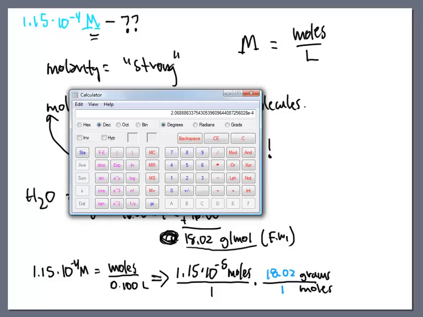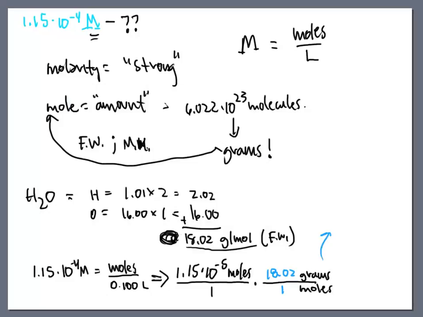And this gives me 2.068, or 2.06 times 10 to the negative fourth grams. You know, that's really little. 0.0002 grams is what I would need to weigh on a balance in order to make this solution.